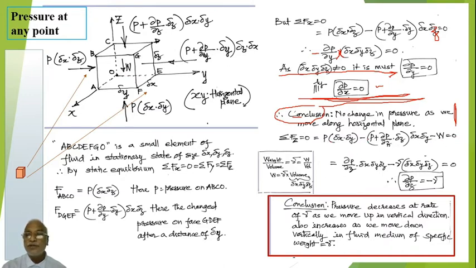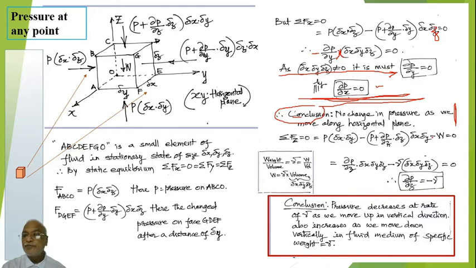Now let me substitute for this term, because this term p delta x delta y cancels with this p delta x delta y, negative. So here the leftover term is minus dou p by dou z multiplied by delta x delta y delta z.